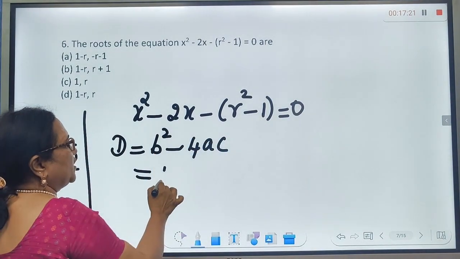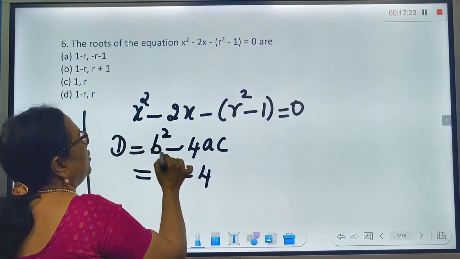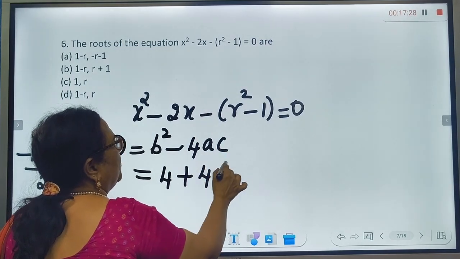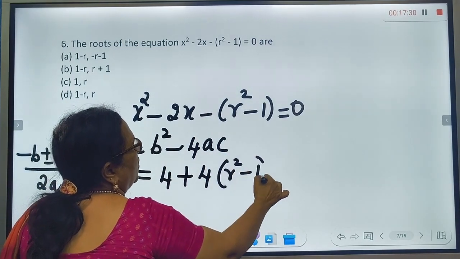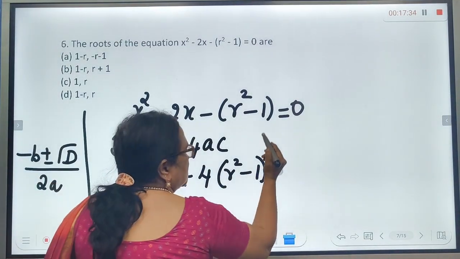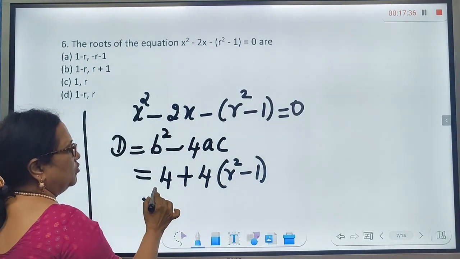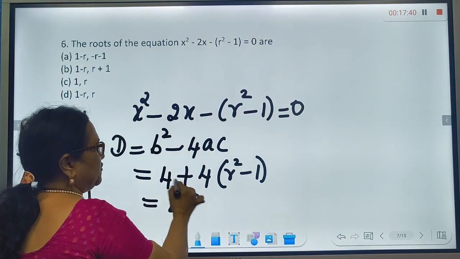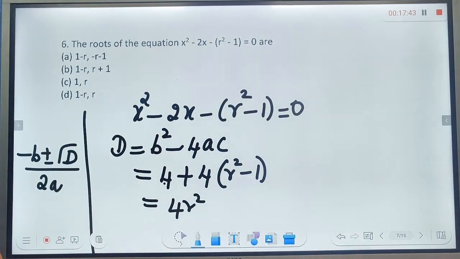Minus 2. So minus 2 square is 4. Minus 4, a is 1, c is minus r square minus 1. So plus r square minus 1. Are you able to follow? 4r square, because plus 4 and minus 4 will get cancelled. So the discriminant is 4r square.